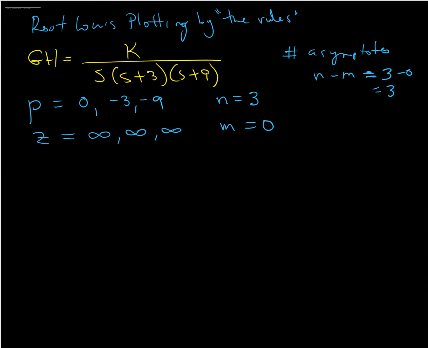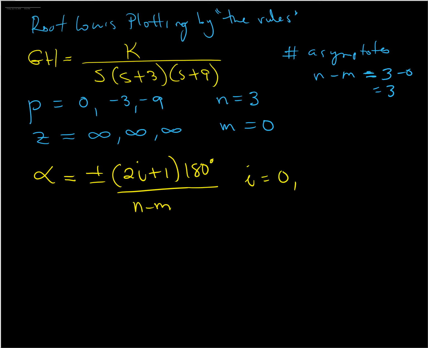Now, Rule 5 says that the direction of the asymptotes is found by this equation: (2i plus 1) over (n minus m) times 180 degrees, where i starts at 0, 1, 2, etc. So it's just increasing integers.